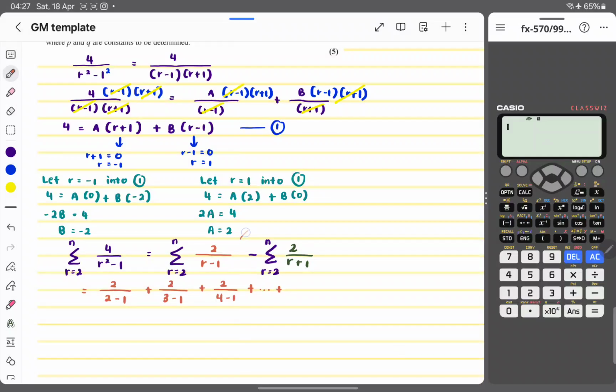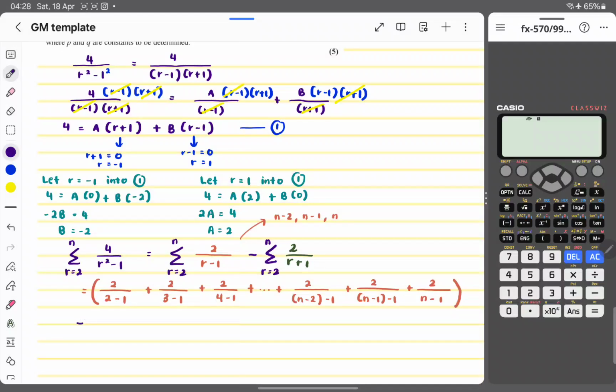What are the last three? It would be n minus 2, n minus 1, and n. So 2 over n minus 2 minus 1 plus 2 over n minus 1 minus 1 plus 2 over n minus 1. We are done with the first expansion.